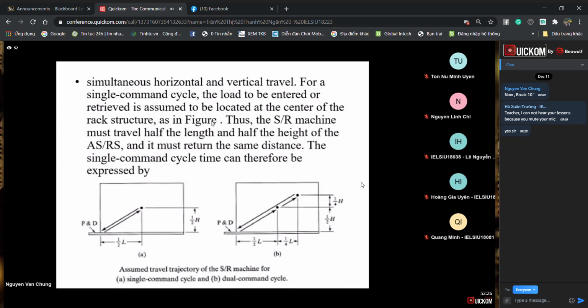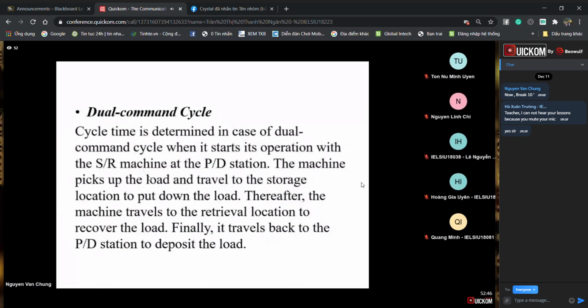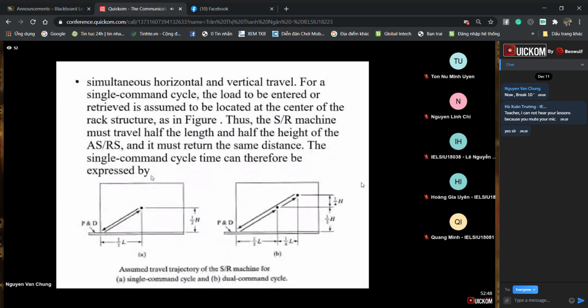So this is the horizontal and vertical travel.